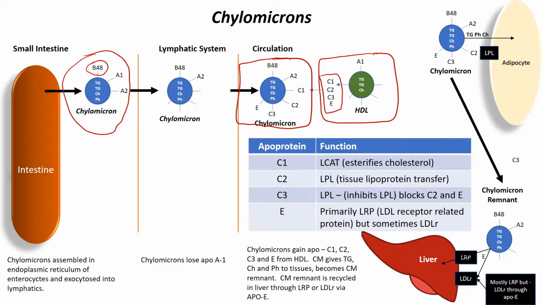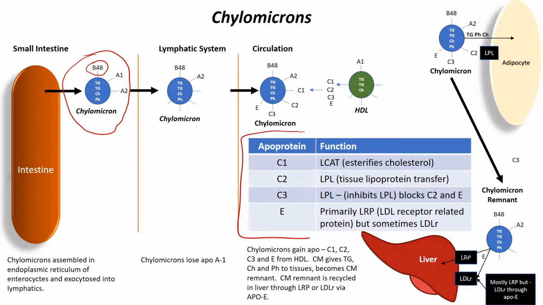Now those apoproteins that it gets, they do specific things, and so I've got a little chart here that tells you specifically what those apoproteins do. And we're not going to get into too much detail on all of these, but for some of you who want the detail, ApoC1 activates LCAT. That's the lecithin cholesterol acyltransferase protein.